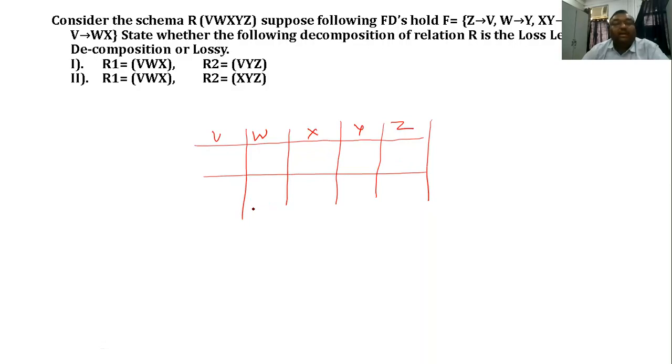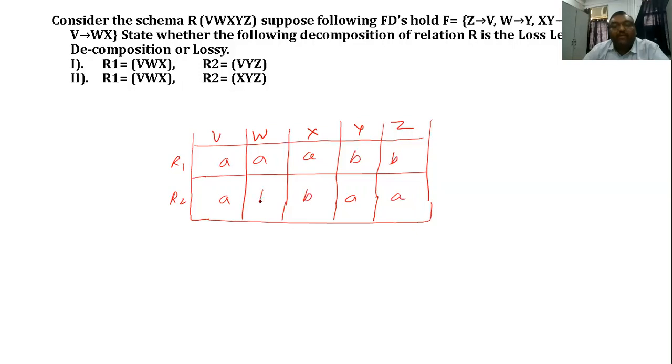And the decomposition is only 2. So this is R1 and this is R2, right? In R1, VWX, so write A in the place of VWX. In R2, VY and Z. And in the rest of the places, put B.